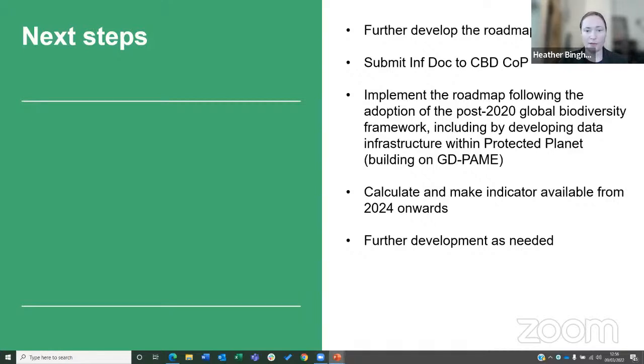That will be summarized in an inf doc that will be submitted to the CBD COP. The way that this is implemented following the adoption of the post-2020 global biodiversity framework will, of course, depend on exactly what is adopted at that point. But one thing that we do hope to do is to expand on the global database on protected area management effectiveness to incorporate some of these emerging options for monitoring the effectiveness part of the indicator.